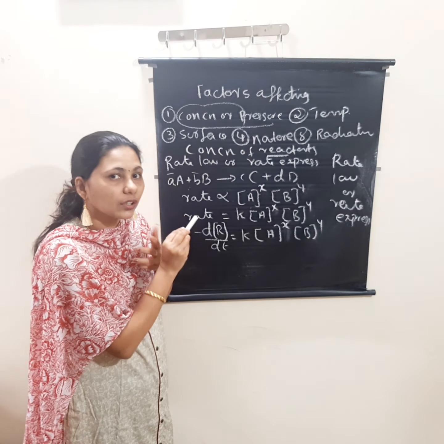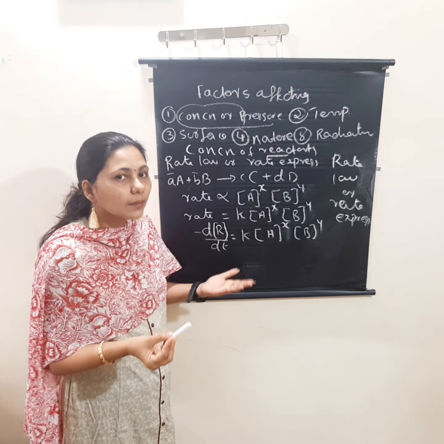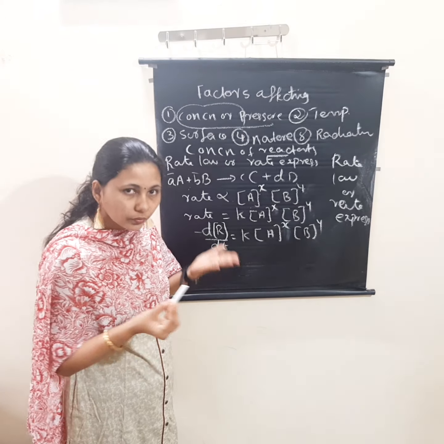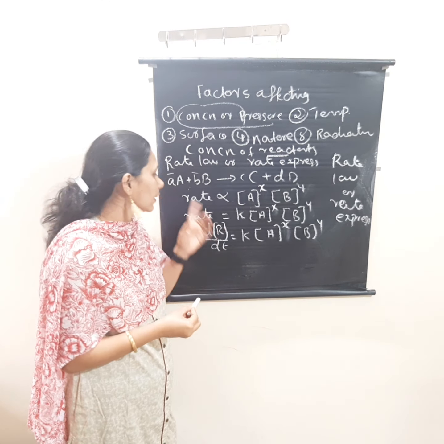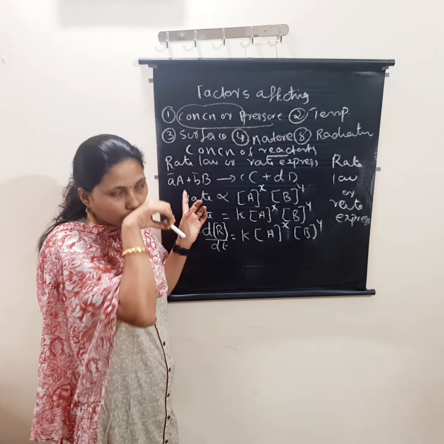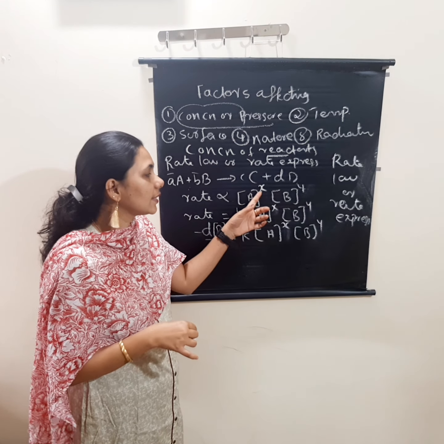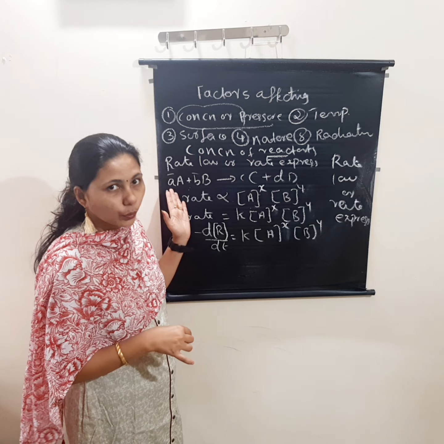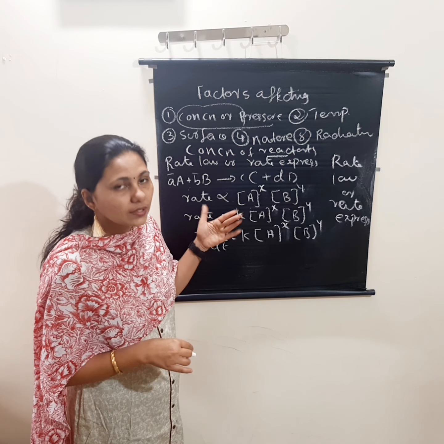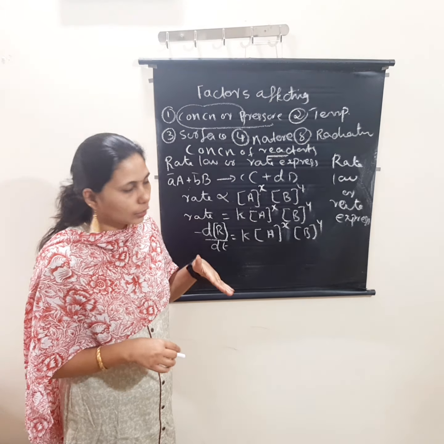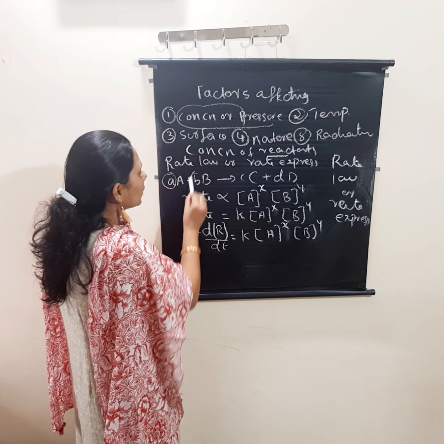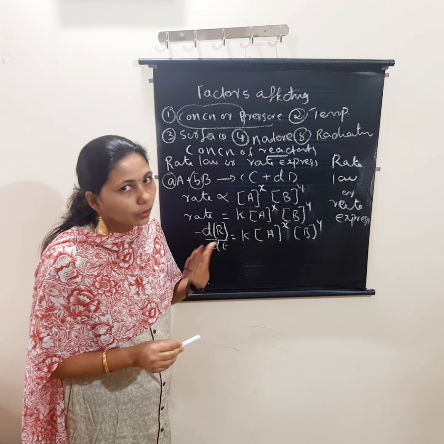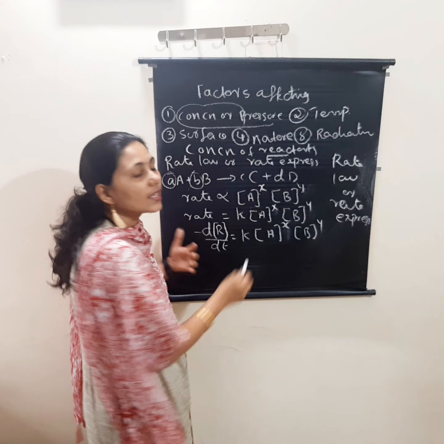Sometimes the exponents may be equal to the stoichiometric coefficients. So sometimes these x and y exponents may be equal to the stoichiometric coefficient, and sometimes they may not be equal. Here a and b are the stoichiometric coefficients, but x and y are some exponents.